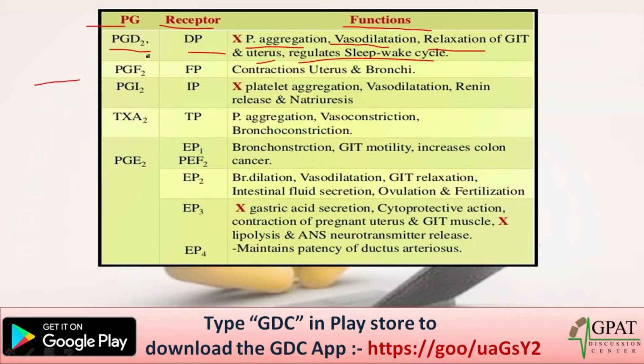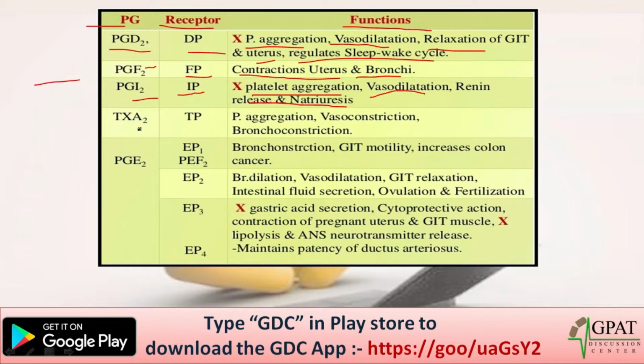PGF2, the receptor is FP, and the functions are contractions of the uterus and bronchi. And next is PGI2, the receptor is IP. The functions are platelet aggregation, vasodilation, renin release, and natriuresis.